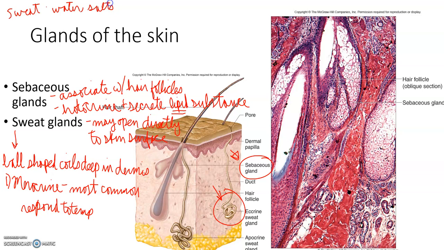So if you've ever allowed sweat to dry on your skin, it feels sort of grainy. That's because of the salts that are present. Also urea and uric acid. These are both byproducts of protein metabolism and what you find in urine, right? So another way to get rid of these protein metabolites is through sweat.